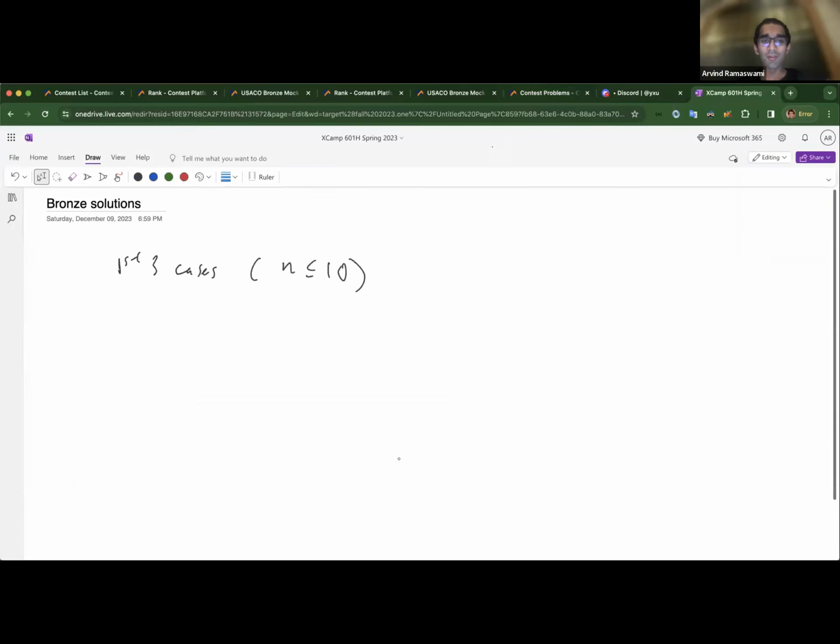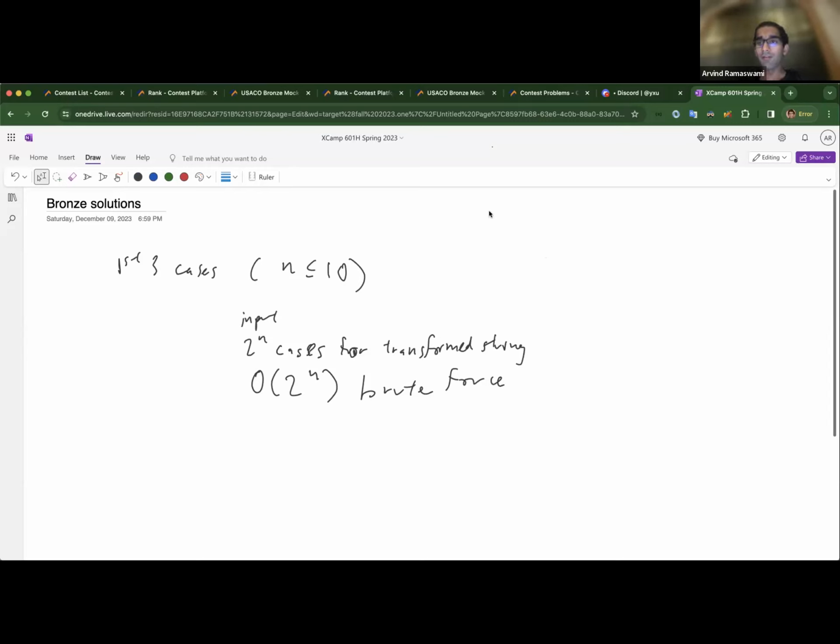So you could do a brute force solution where this is your input string, and then you could do 2 to the n cases for the transformed string. And if you do O of 2 to the n brute force, then that should be enough for the first three test cases.